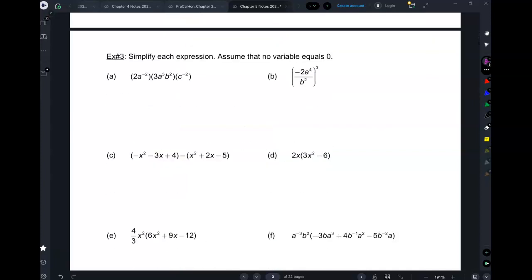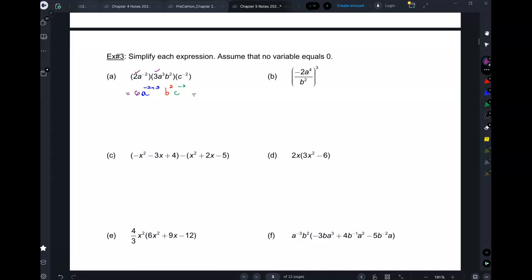Okay. Here, let's multiply out the coefficients first. 2 times 3 gives you a 6. And then for the a's, I have negative 2 plus 3. For the b's, I just have 2, and then c to the negative 2, right?